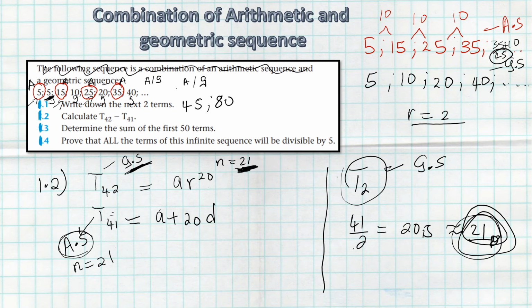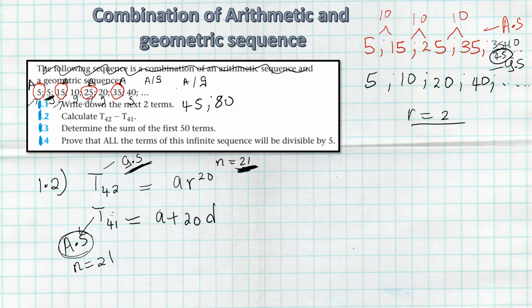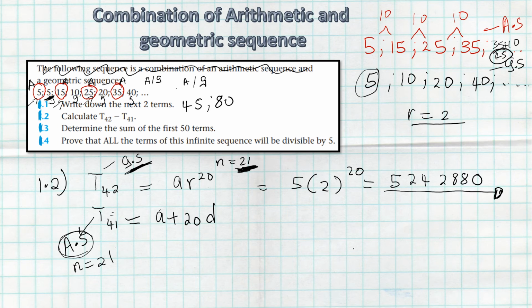That's how we're going to substitute and get the answer. What is our A? Our A is 5. What is our R? We calculate it as 2 exponent 20. Then 5 into 2 exponent 20 gives you 5242880. That's that big number.